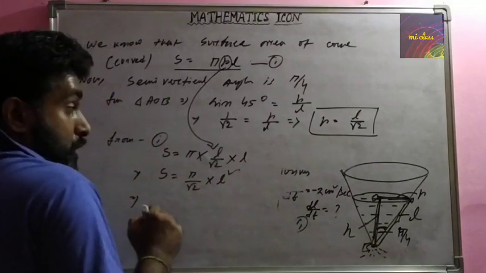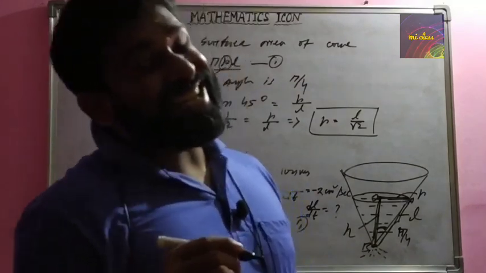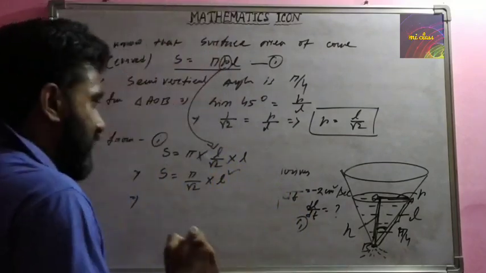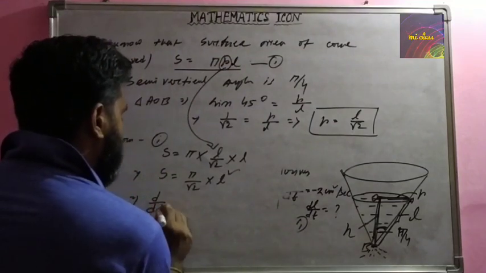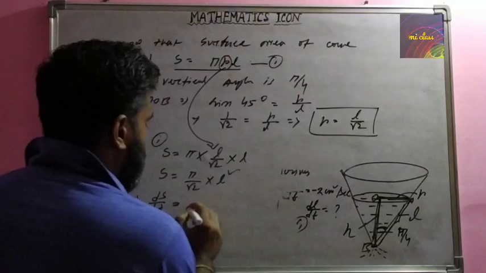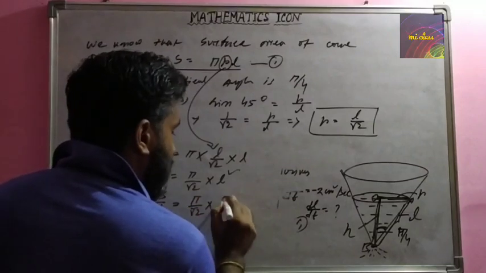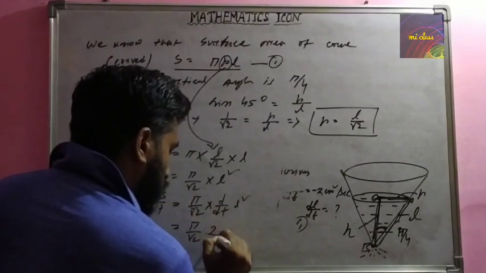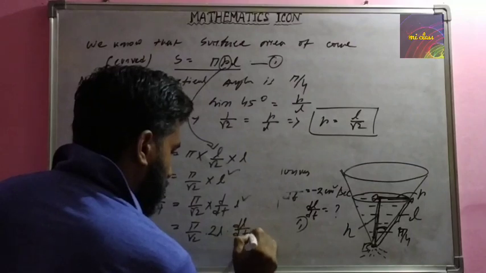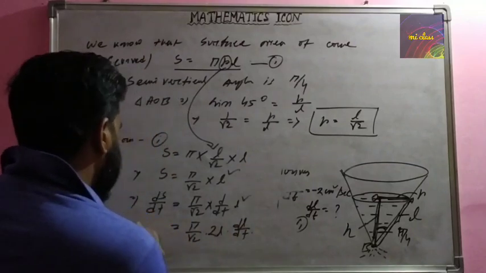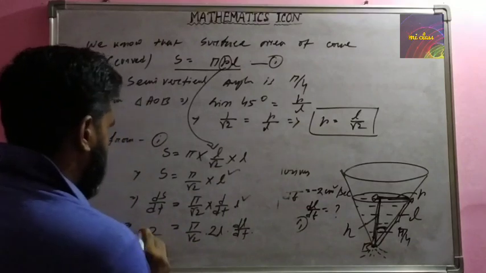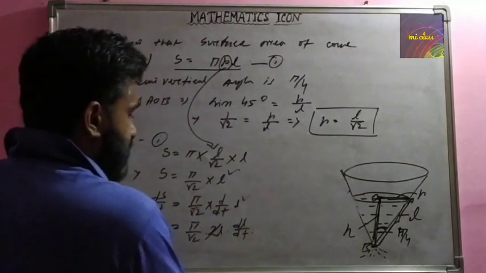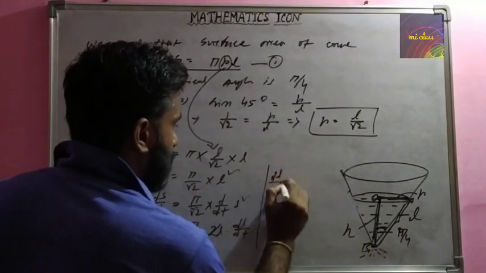According to this question, ds by dt is given and dl by dt needs to be found, so differentiate both sides with respect to t. ds by dt equals pi by root 2 into d by dt of L square, so pi by root 2 into 2L dl by dt. ds by dt is given as minus 2. Minus 2 cancels.